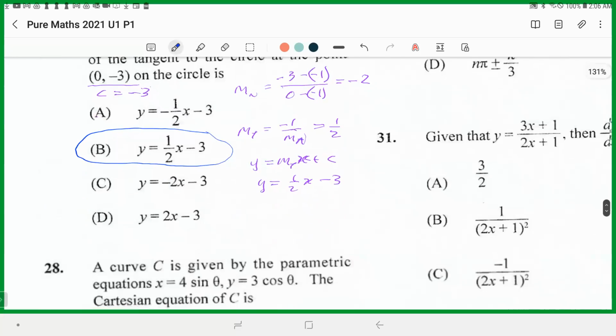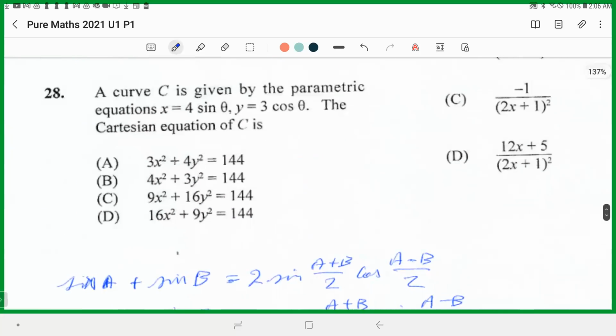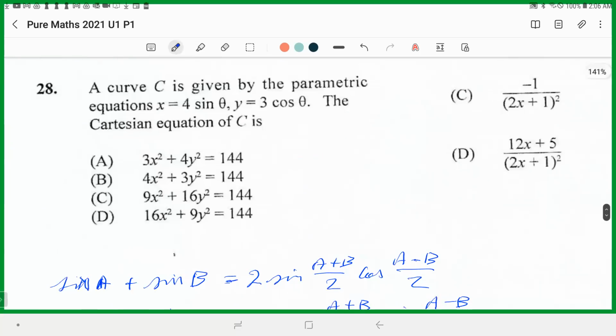All right, number 28. Let's pick up the pace. It says a curve is given by the parametric equations, and we want a Cartesian equation. Same thing again: you want to generate sine squared plus cos squared. From this one, sine theta is x over 4, and from this one, cos theta is y over 3.